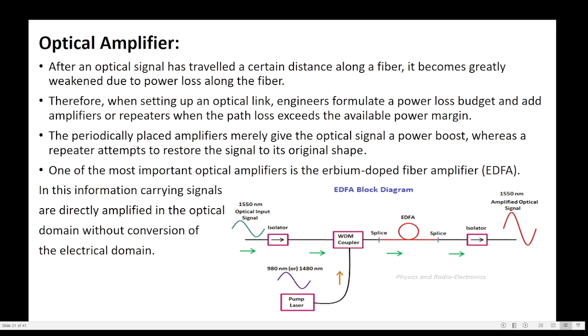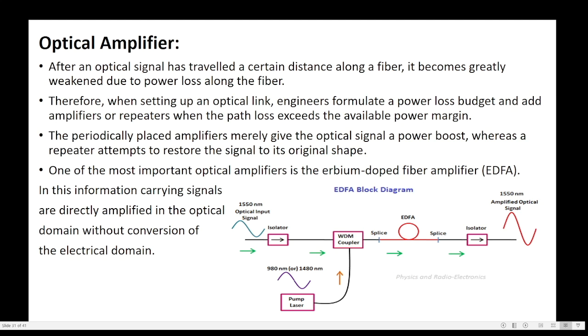Therefore, when setting up an optical link, engineers formulate a power loss budget and add amplifiers or repeaters when the path loss exceeds the available power margin.